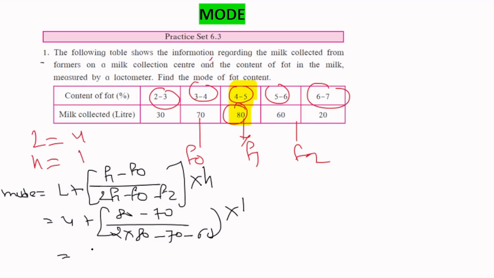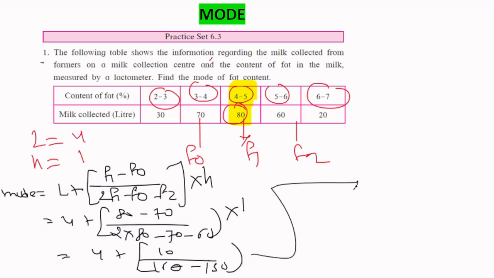Very easy. 80 minus 70 is 10. 2 into 80 is 160. 70 and 60 are both subtracted, so it becomes 30, into 1. I'm not writing it again. Let's solve this here.